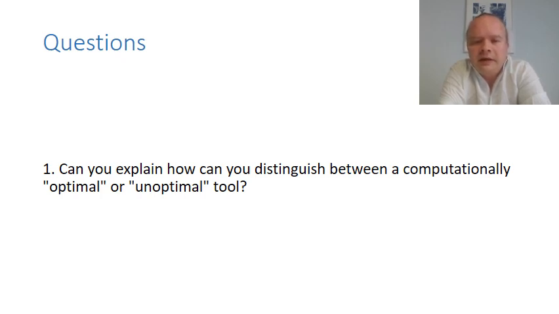But in any way, computationally optimal means the least complex of these algorithms by any of these measures. So, for example, in terms of time, the algorithm that solves a problem but takes the least time, that's the optimal one, and all the others are unoptimal. And we can rank the algorithms based on their complexity, based on this measure of time.